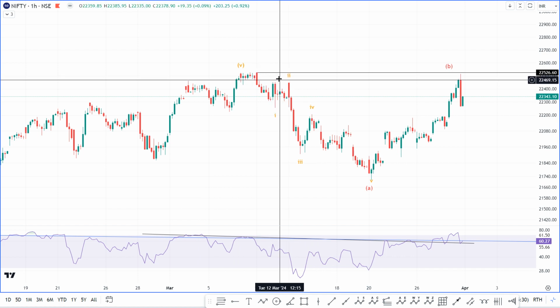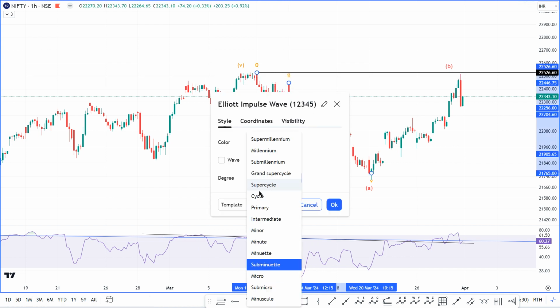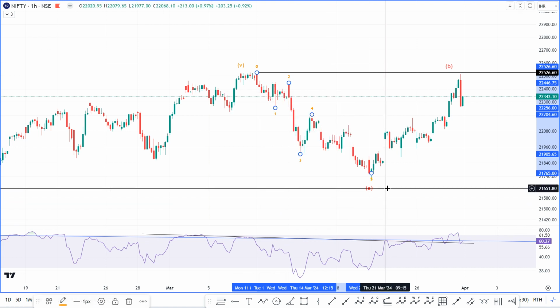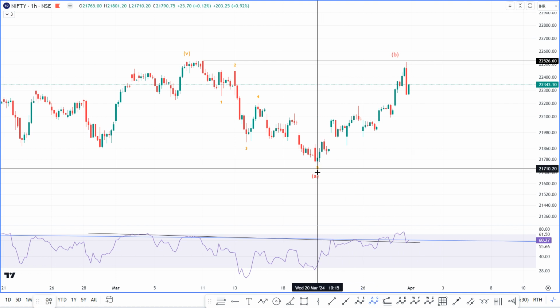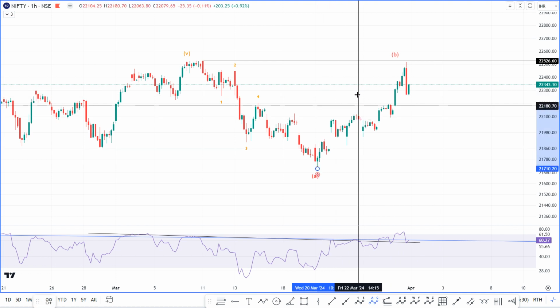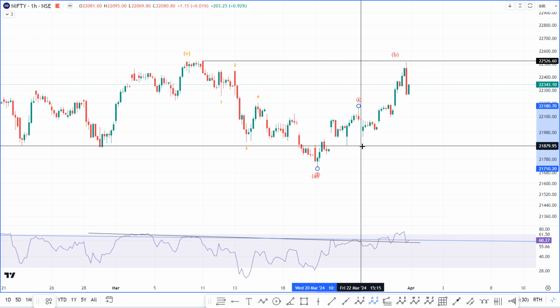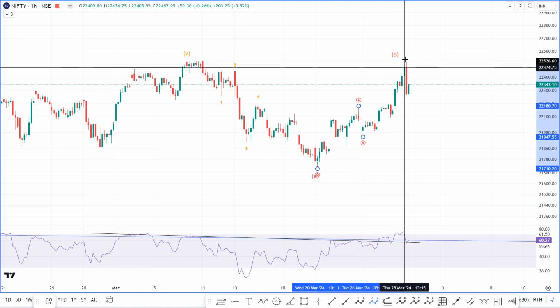This is clear. Then this is the A wave, this is B, and this is C.